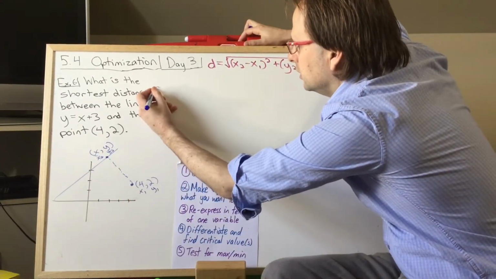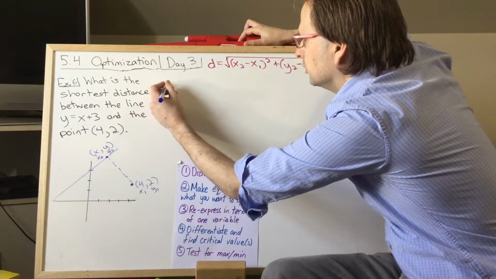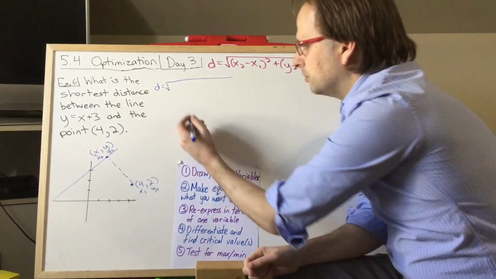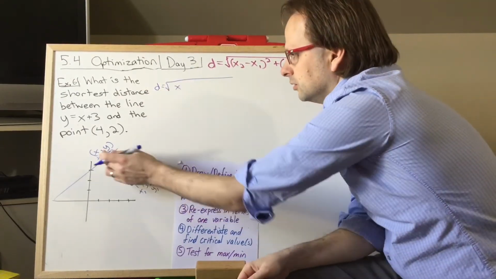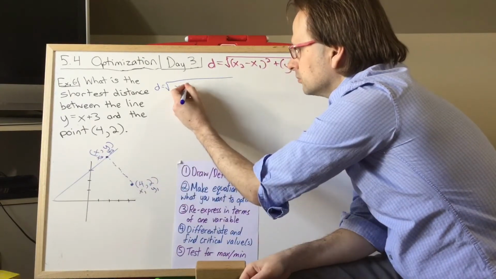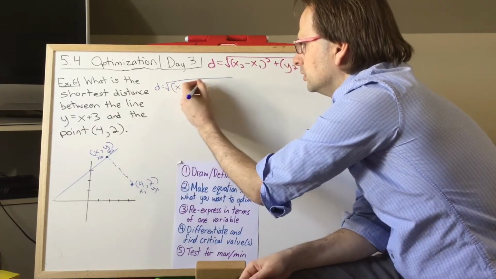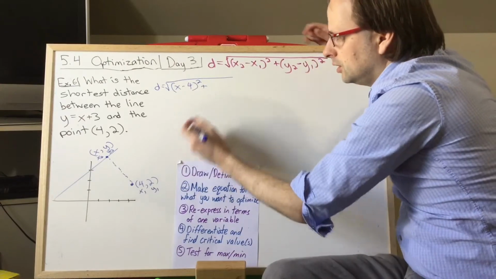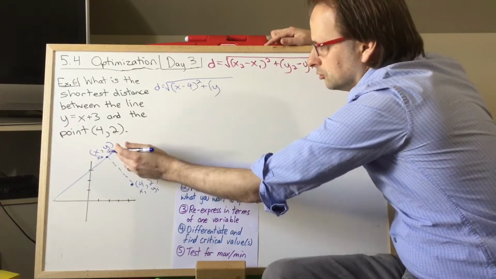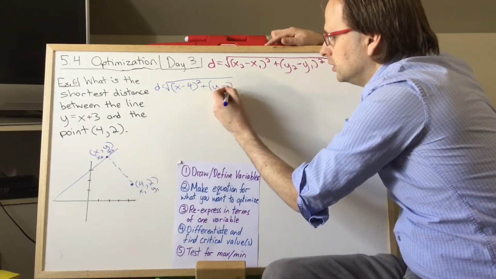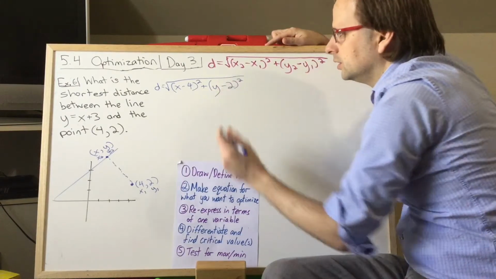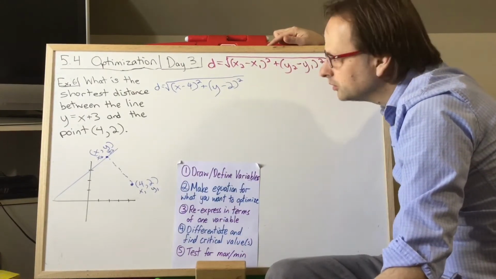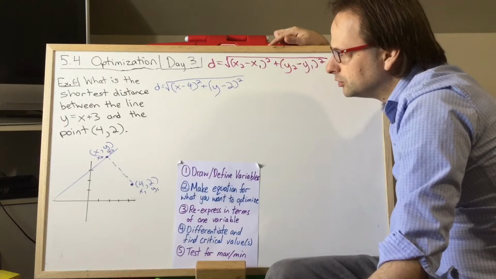All right, so the equation that we want to optimize is for distance. It's x2 minus x1, so that would be x minus 4, all squared, plus y, that's my y2, minus y1, all squared. We could expand this if we want, but right at this point we can see that there's trouble.